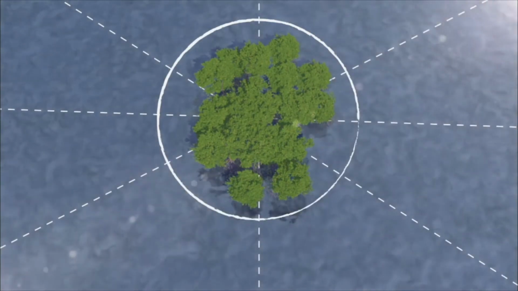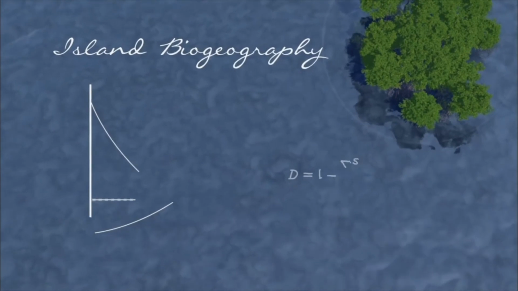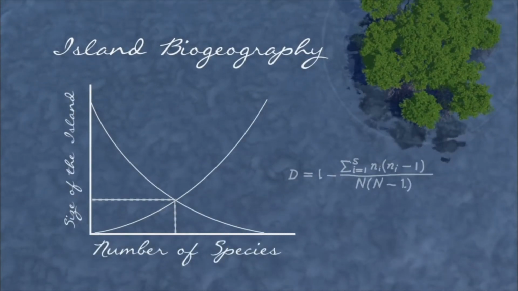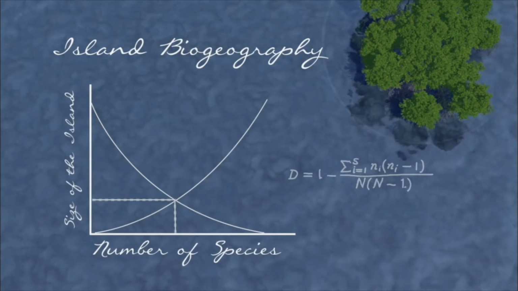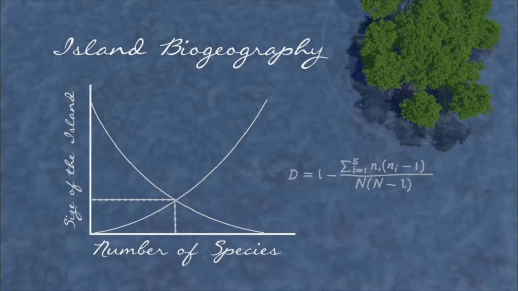And they were the first ones to actually specify those rules and build equations that allow us to predict what will happen with organisms on islands. We figured out how to predict the number of species that will arrive and live and form an ecosystem on an island.